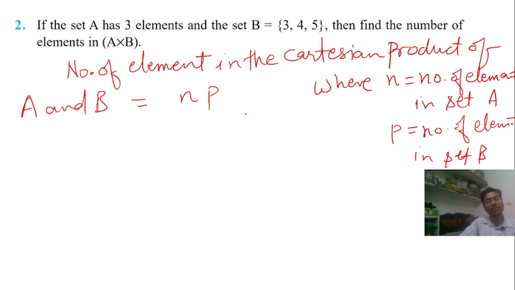By multiplying the number of elements in the individual sets, we can get the number of elements in the Cartesian product of any sets. So we will use the same concept here.